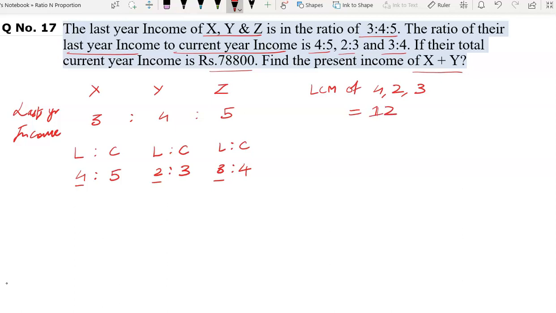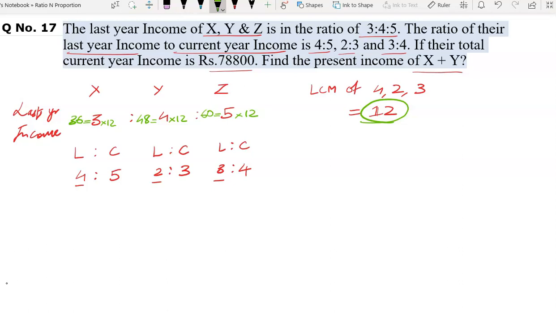Now we will multiply this LCM with the last year income ratio of X, Y and Z. So 3 into 12, 4 into 12, 5 into 12. Now this will give us 12 3s are 36, 12 4s are 48, 12 5s are 60.